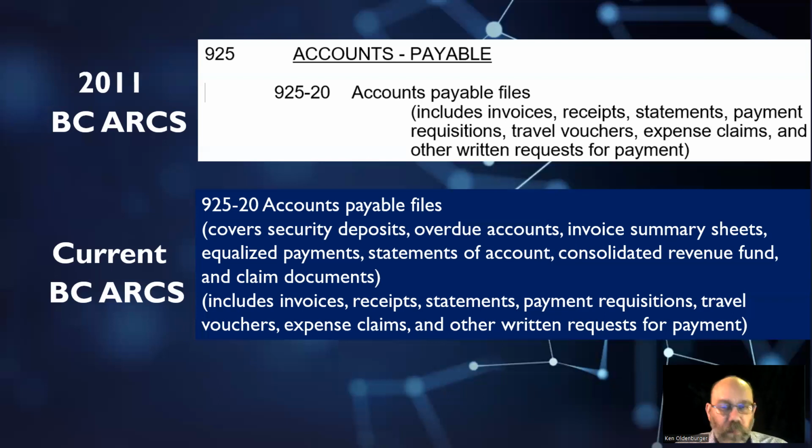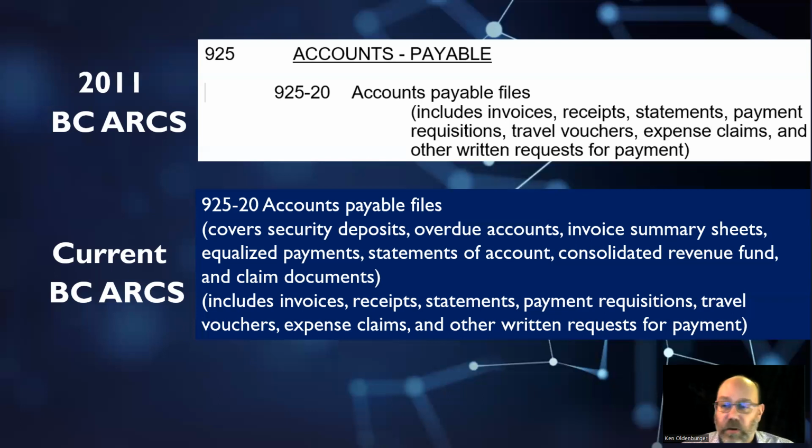And in some cases, for example, in this primary, there is really only one secondary. So it's a primary for accounts payable, and there's a secondary for accounts payable. The important thing to keep in mind is that a secondary is the level at which collection, classification, retention, and disposition happens.